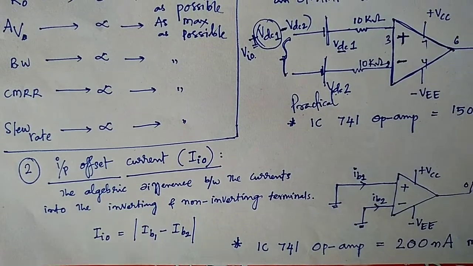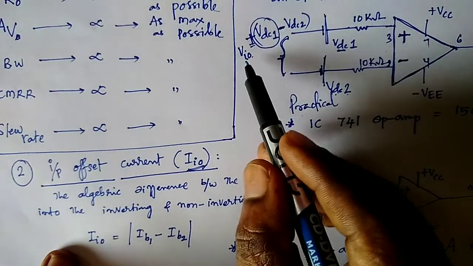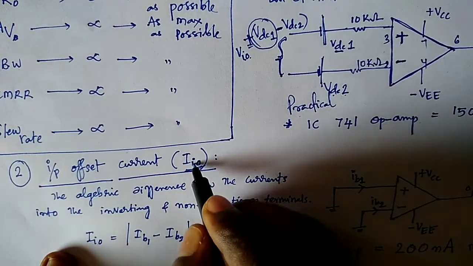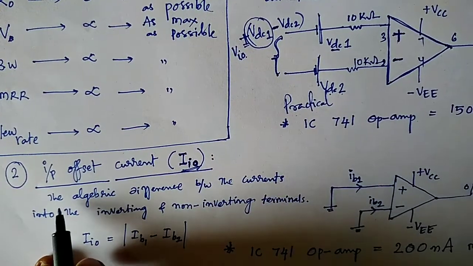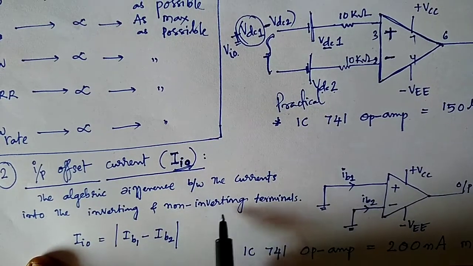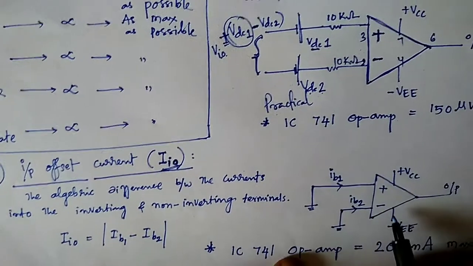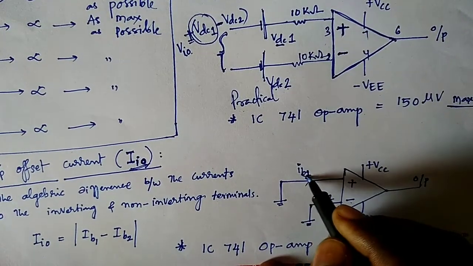The second one is input offset current. This is very similar to input offset voltage: I for input, O for offset, I for current. It is the algebraic difference between the currents into the inverting and non-inverting terminals. In this circuit diagram, this one is minus and this one is plus.